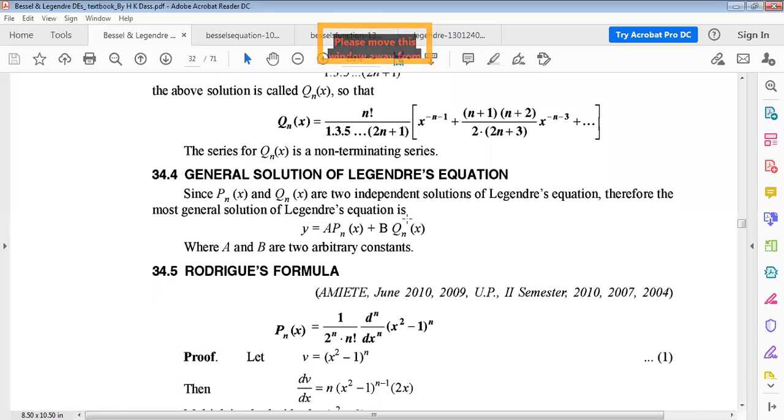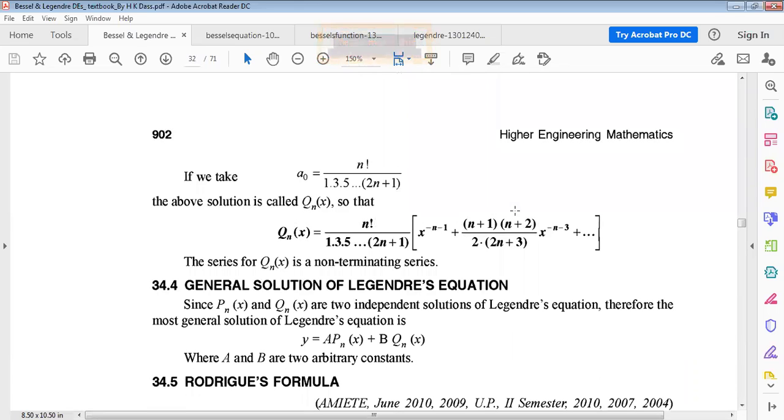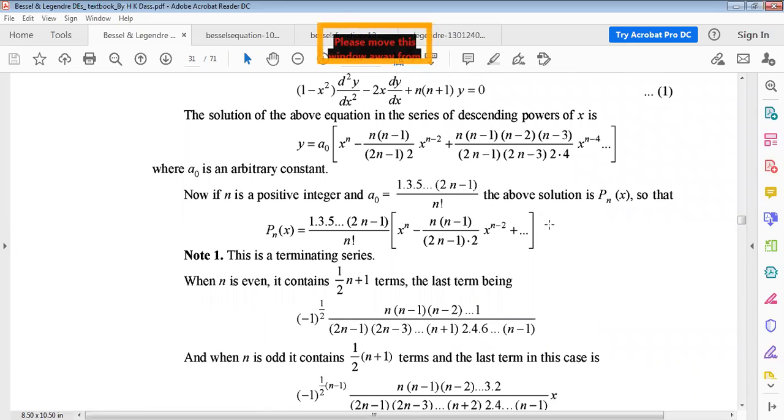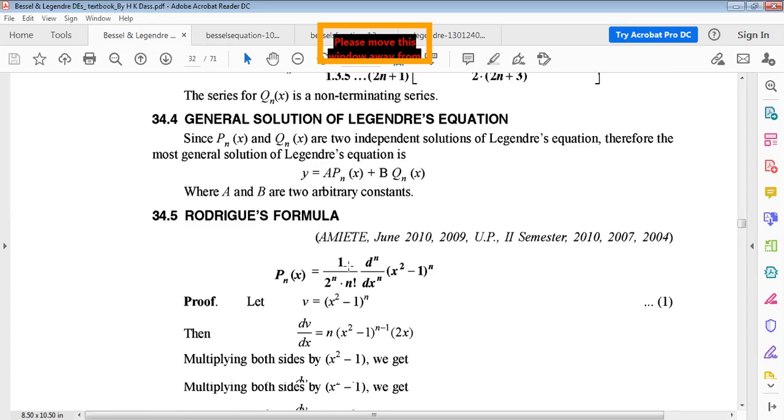Therefore, the general solution can be written as A into Pn x plus B into Qn x. Qn x is a series solution, you get this, and Pn x is also a series. Combined, these two series give the general solution for the Legendre equation. The series solution will be homework for you.